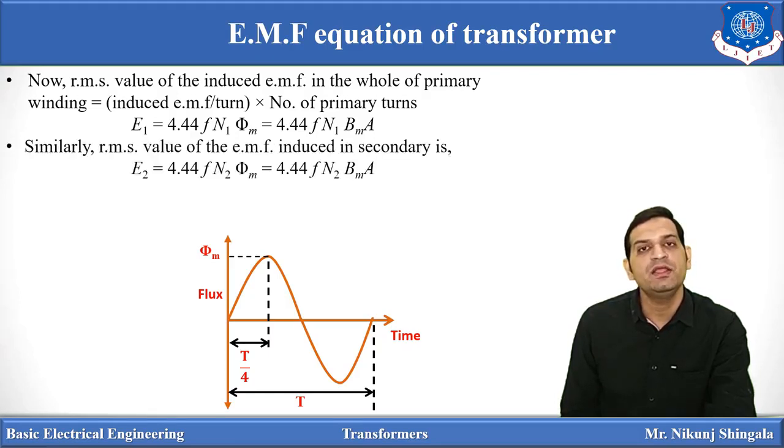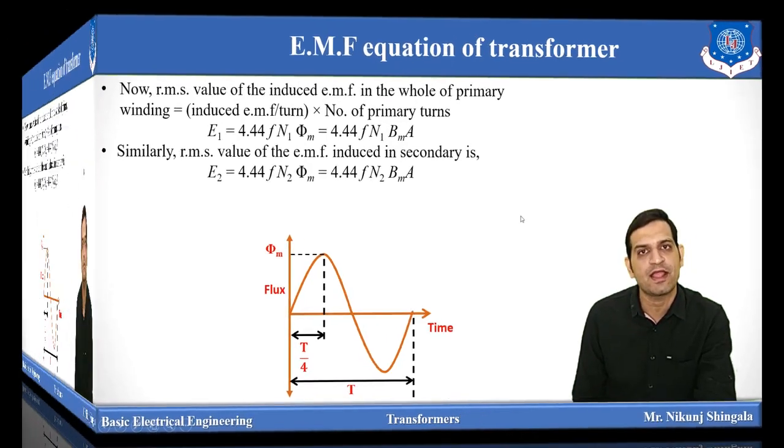Now secondary is having N2 turns. So RMS value of the induced EMF in the secondary coil is given by E2 is equal to 4.44 f N2 phi m. Now putting the value of phi m, it is equal to 4.44 f N2 Bm A. So this is the RMS value of the induced EMF in the primary and secondary coil.